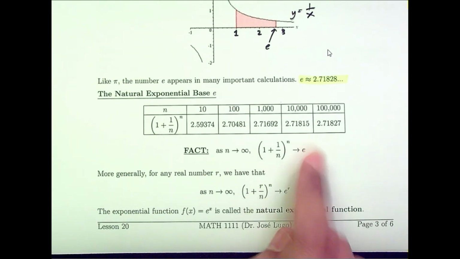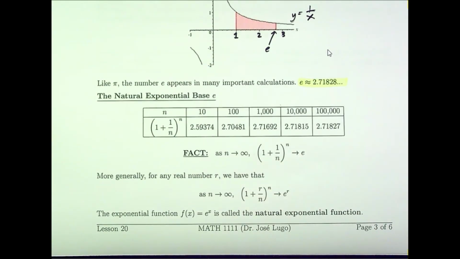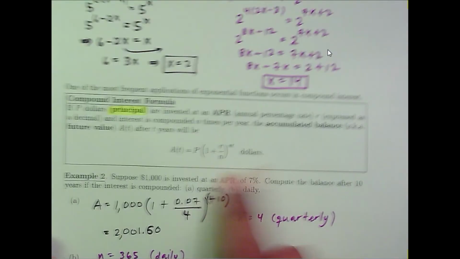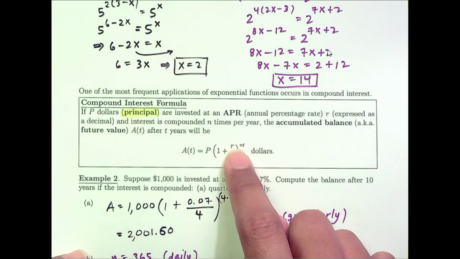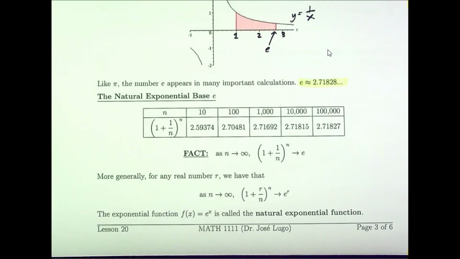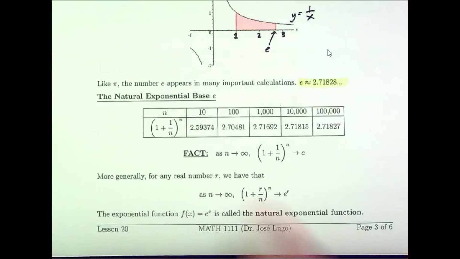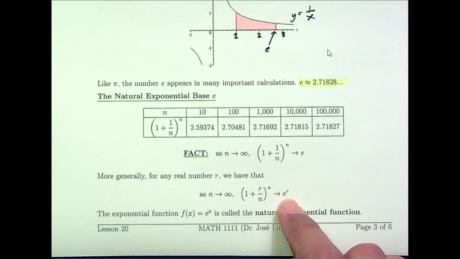Using that fact and a little bit of calculus, you can show that when you have an r, and don't replace the r with 1, when you just leave the r like that, and you do put t equals 1, p equals 1, then this expression, which is part of the compound formula, when n becomes arbitrarily big, goes to e to the r.